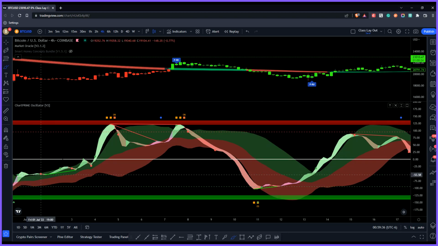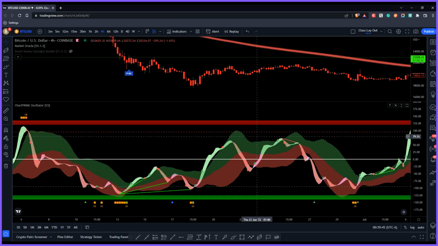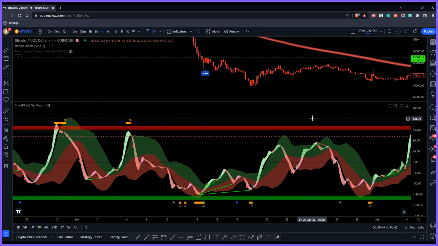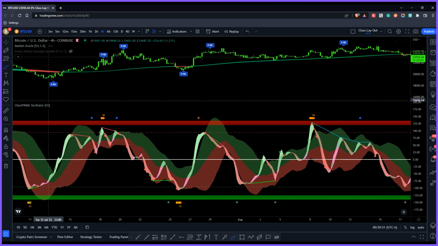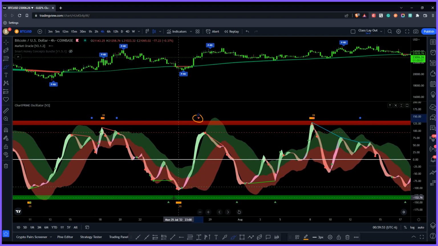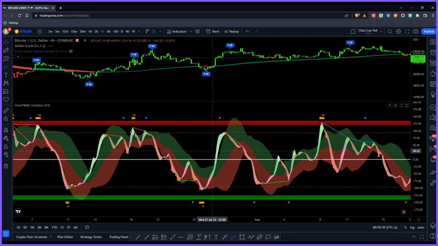Then we can note that we have this triangle. Let me search for another one. Oh, here we go. There's another one. Here's another red triangle, right? And another green triangle and another green triangle, right? Those triangles are possible reversals. But what do we call these ones?